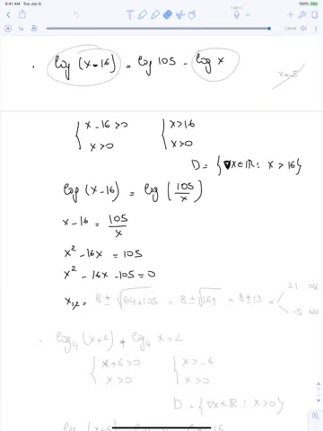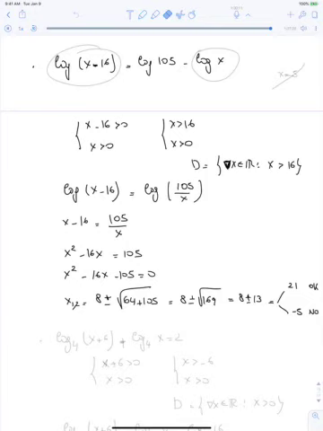So this would be 8 plus or minus the square root of 64 plus 105, which is 8 plus or minus the square root of 169, which is the square root of 13 squared. So it's 8 plus or minus 13, which is equal to, well, 8 plus 13 is 21, which is okay. And then 8 minus 13 is minus 5, which is not okay, because it's not greater than 16.